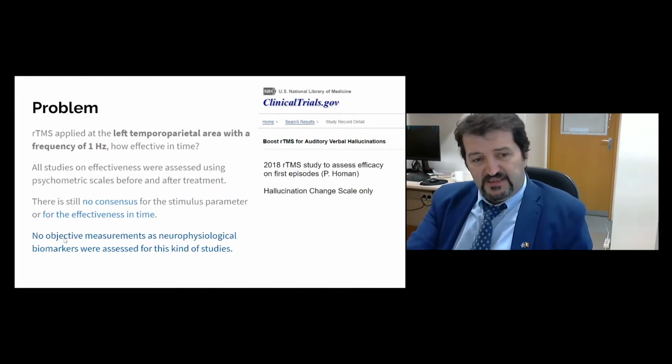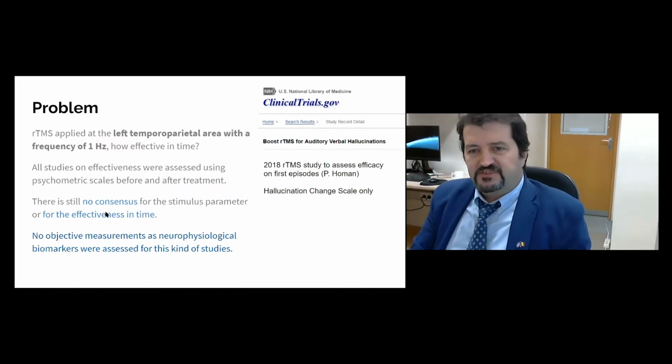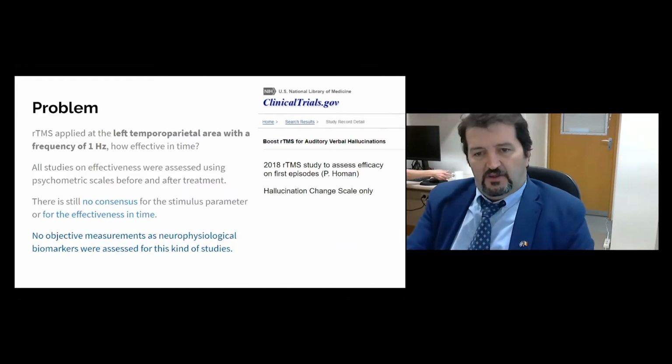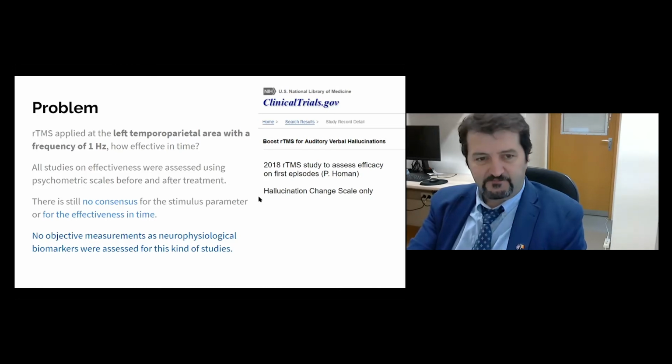Sometimes recently there are some studies with EEG, but we wanted to explore this from the point of view of neurophysiology and to assess more objectively what happens in the brain, the biological neural networks. Even this study that recently started in the United States is using, again, a hallucination change scale. It's a subjective scale, not an objective measurement.